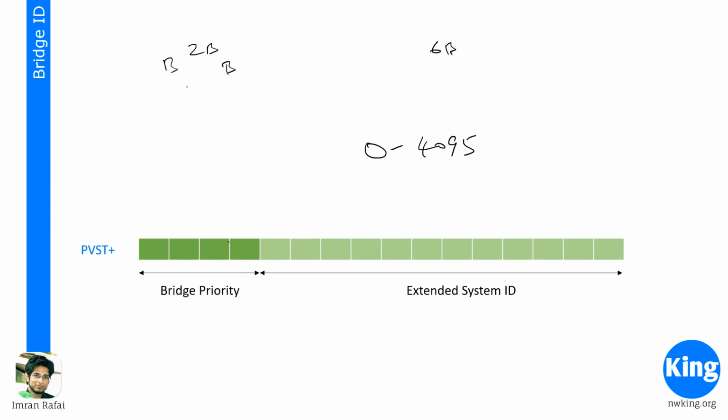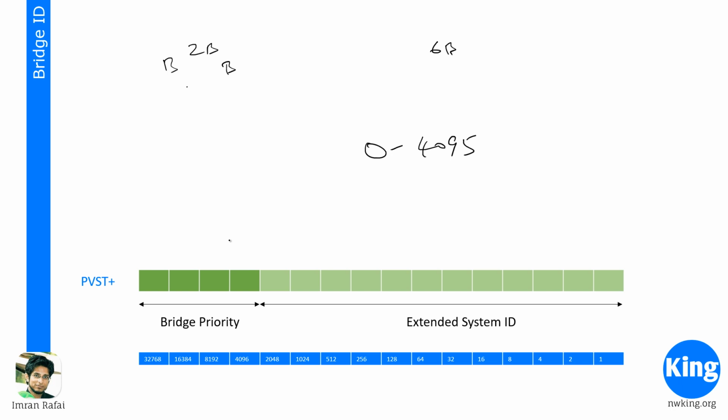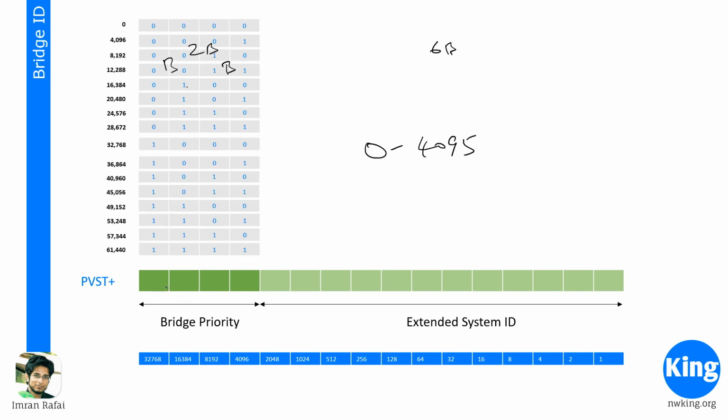Now if you know binary arithmetic, and if you look at our magic table, these 4 bits have place values of 4096, 8192, 16384 and 32768, right? So that has 16 combinations. It could be all 0s, so the priority becomes 0, or it could be 0 0 0 1, and if you add the place value, that's 4096, so that would have a priority of 4096.